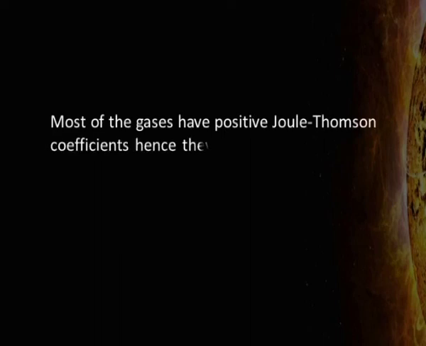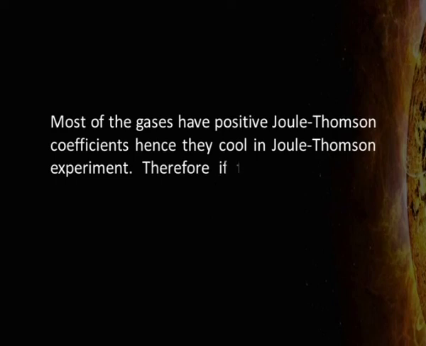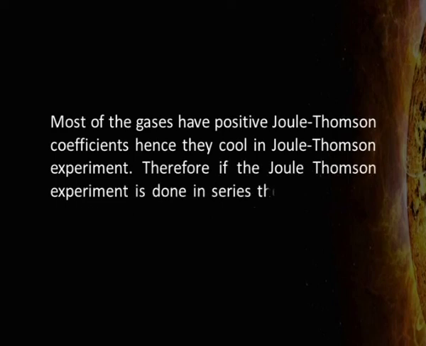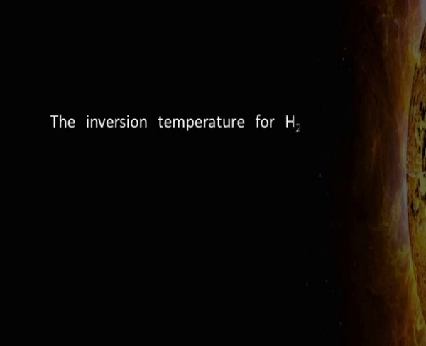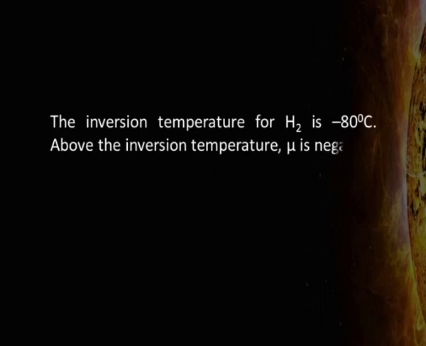Most of the gases have a positive Joule-Thomson's coefficient, hence they cool in Joule-Thomson's experiment. Therefore, if the Joule-Thomson experiment is done in series, the gases can be liquefied. The inversion temperature of hydrogen is minus 80 degrees Celsius. Above the inversion temperature, Joule-Thomson's coefficient is negative.